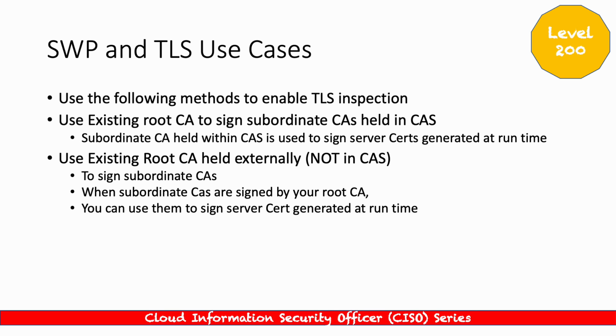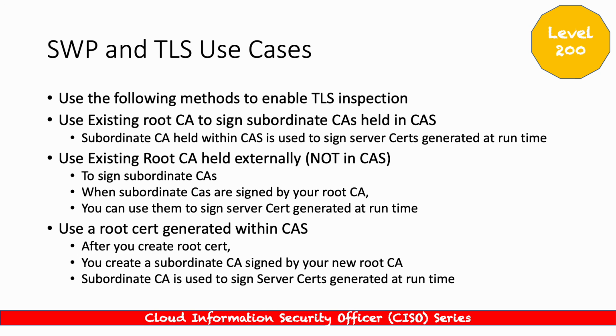Another use case is using an existing root CA held externally, not in the Google Cloud CAS this time. When the subordinate CAs are signed by that root CA, you can use them to sign the server cert generated at runtime. In the previous example, you were using the Google Cloud CAS.